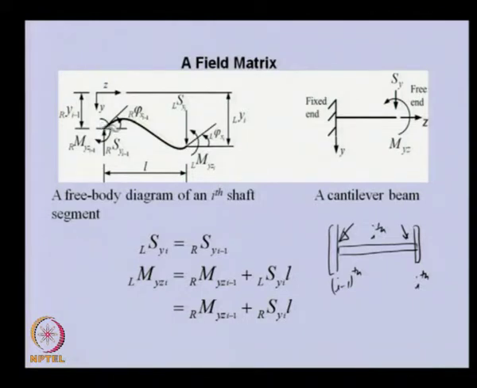So, we will have this moment equal to this moment plus this shear force times the moment arm. The moment arm is nothing but the length of the shaft. Because this shear force is acting right where we are taking the moment, it will not contribute to this moment. So, this is the moment balance.